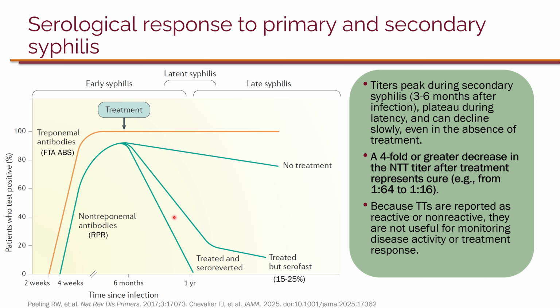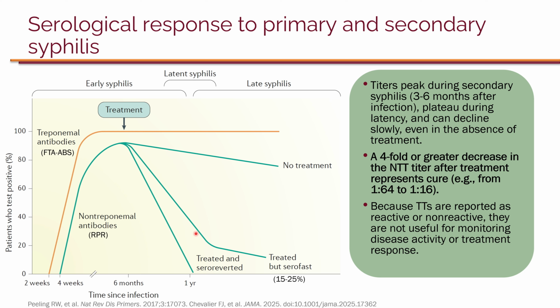In fact, the definition of a cure is a fourfold or greater decrease in the NTT titer after treatment. For example, going from a 1 to 64 dilution to a 1 to 16 represents at least a fourfold decrease, which I will explain further on the next slide.